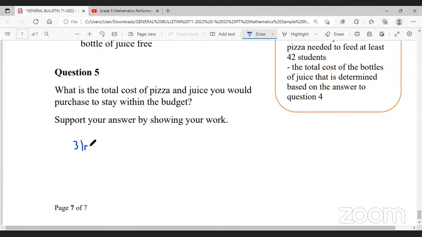I'm going to put an acronym for large. 3 large pizzas equal to, one is 1,800, so I can multiply that by 3.